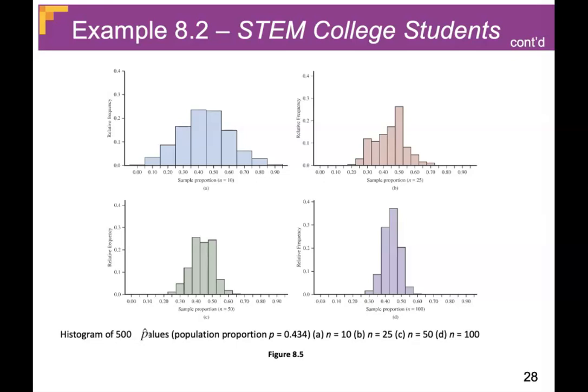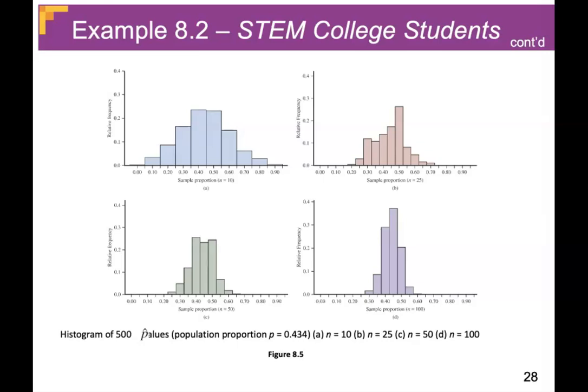Now, since these were all on the same scale so that you can make comparisons, you might not completely see the approach to a normal distribution. But that first histogram really is a little more triangular. It is starting to look normal, but it's not quite that distribution where 68% is within one standard deviation.